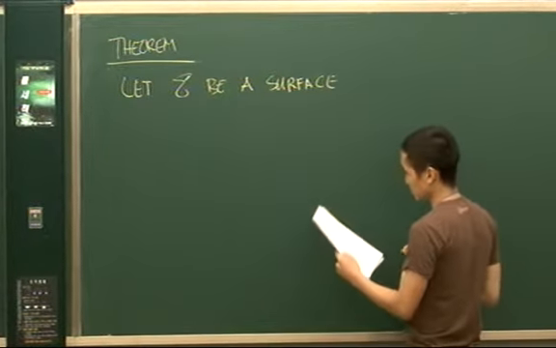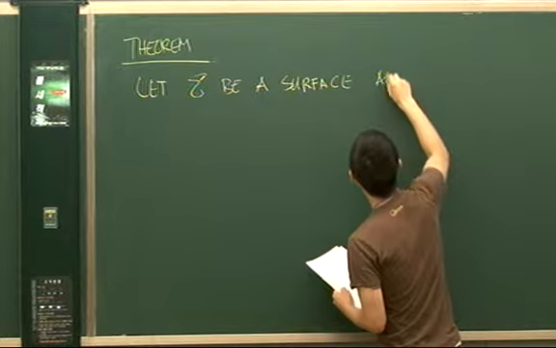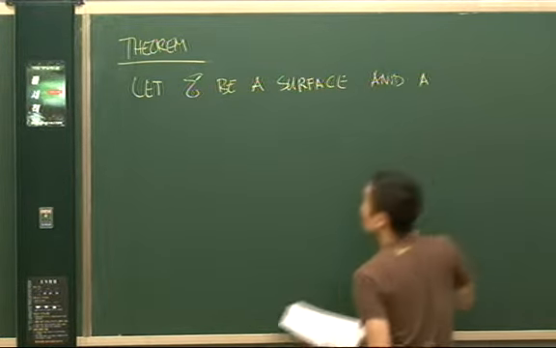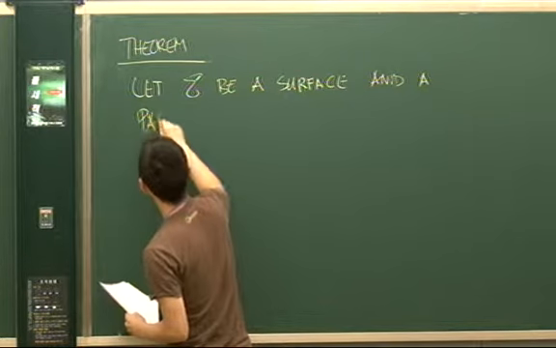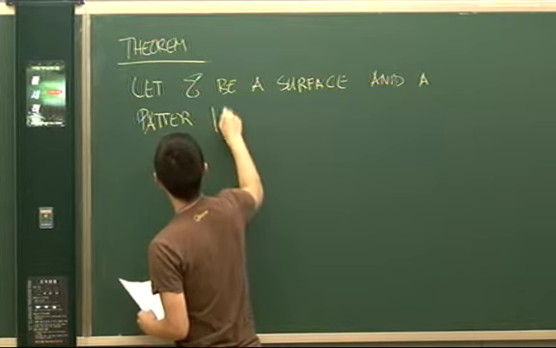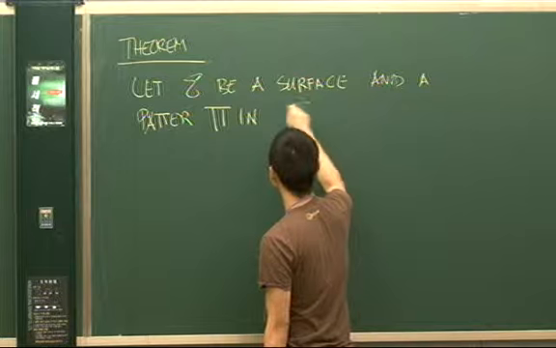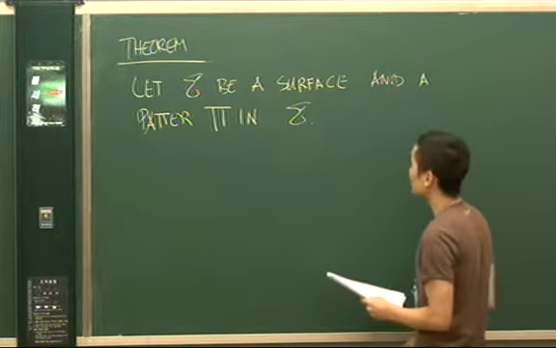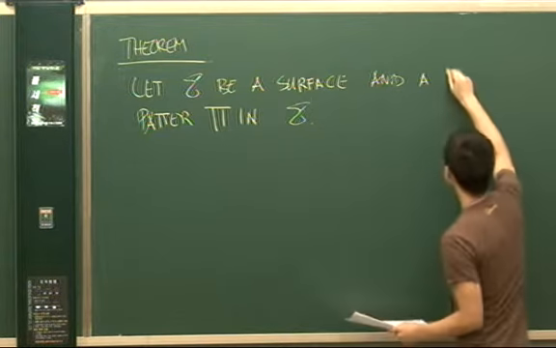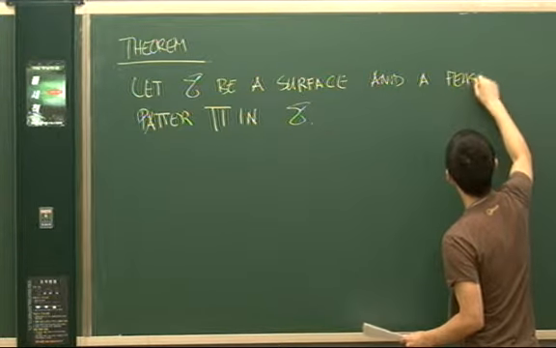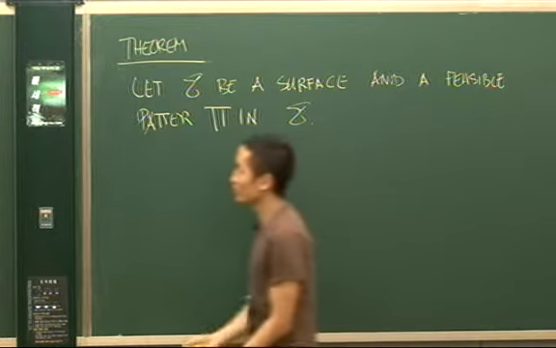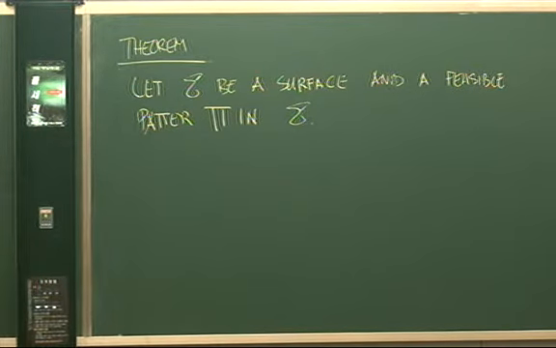So I've got a surface sigma, and I've got a pattern pi in sigma. And the pattern is feasible. So feasible just means that there is some linkage in the surface that links those points up.